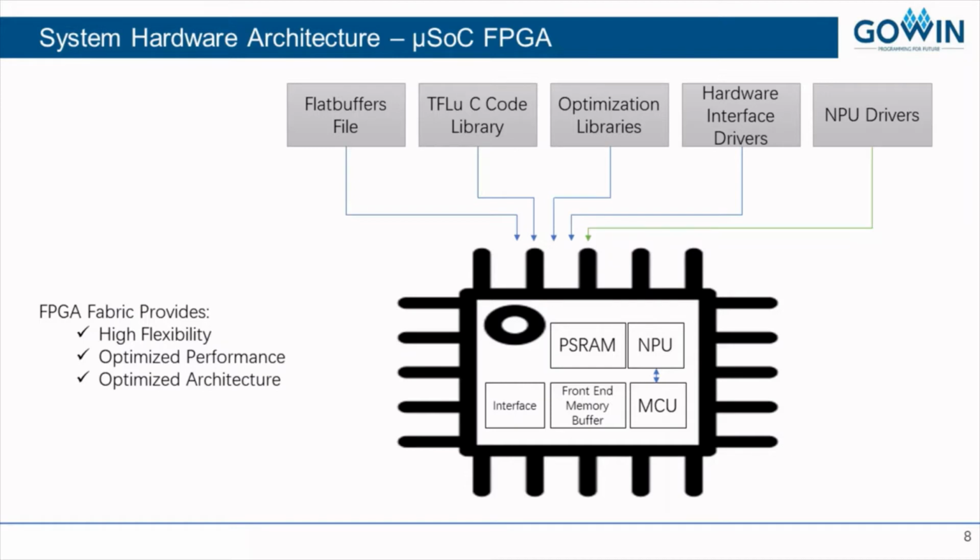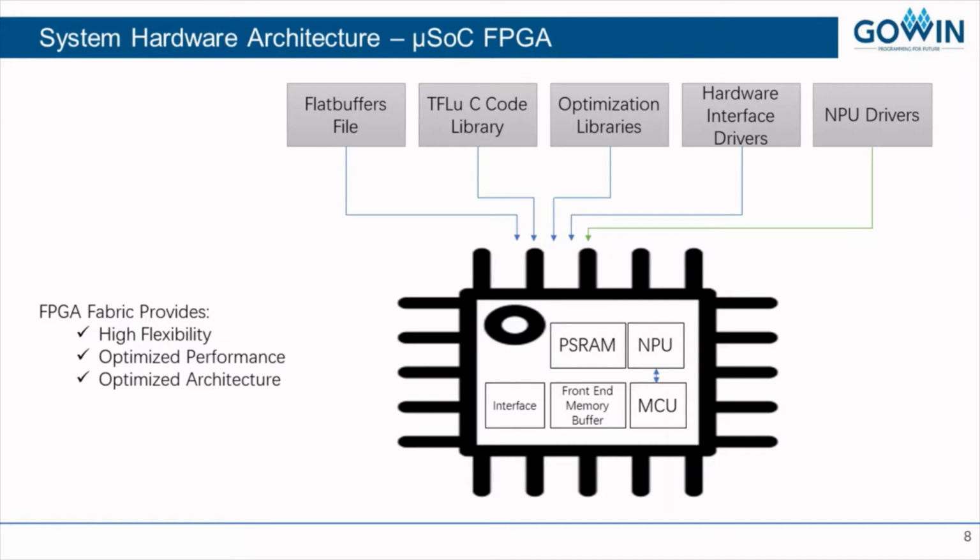And as I mentioned earlier, the memory is really important in these use cases. So, and I'll show that on a later slide, having 8 megabytes of PS RAM is not something that you're going to have in a typical microprocessor, but adds a lot of flexibility in the types of models that you can support.